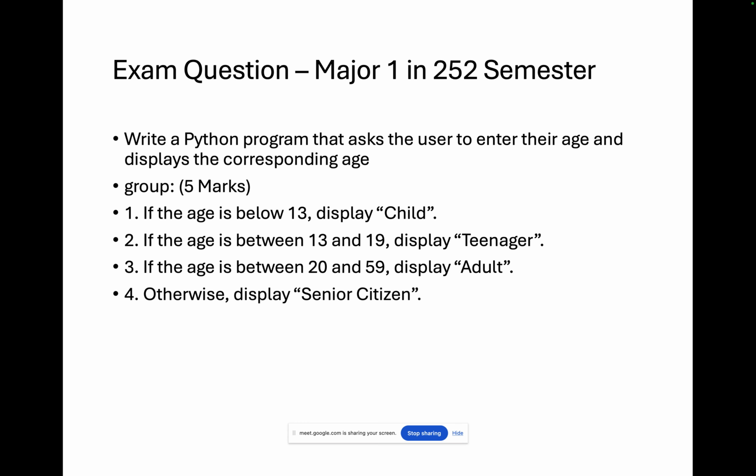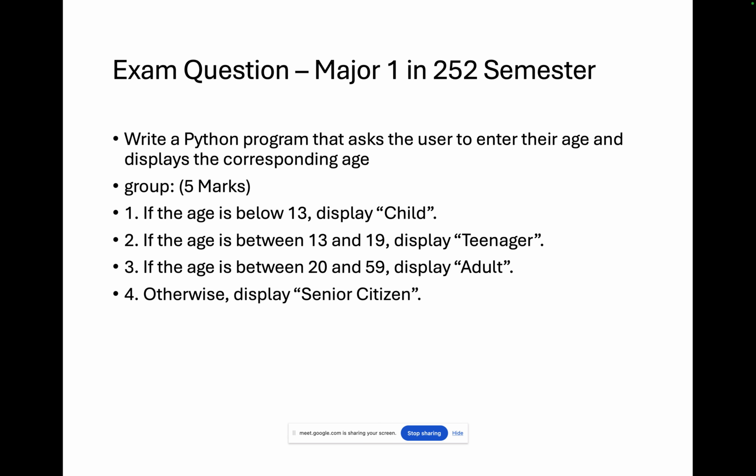Now looking at this, let's not get technical with this, let's keep it simple, right? If I'm your friend, I'm sitting in your drawing room having a chat with you, or we are sitting in a cafe and we're just talking about stuff, right? And I say, listen, mate, I want to make a program that asks the user to enter their age, and you'll ask me why you want to do that.